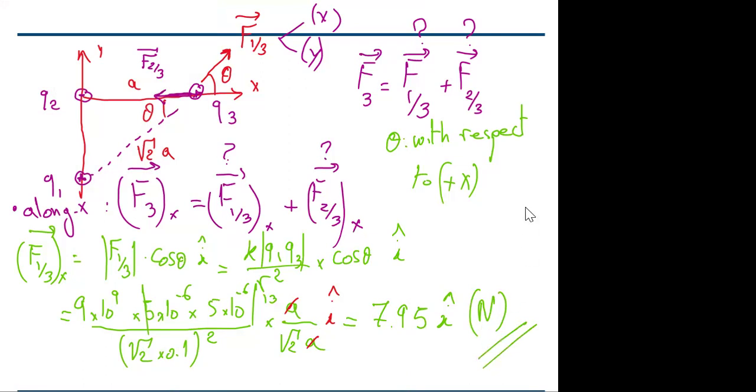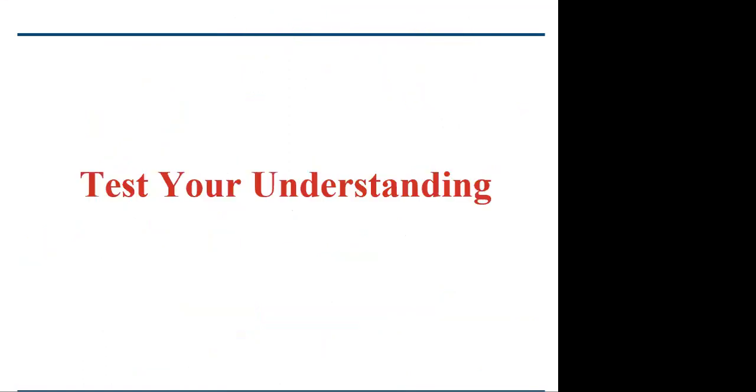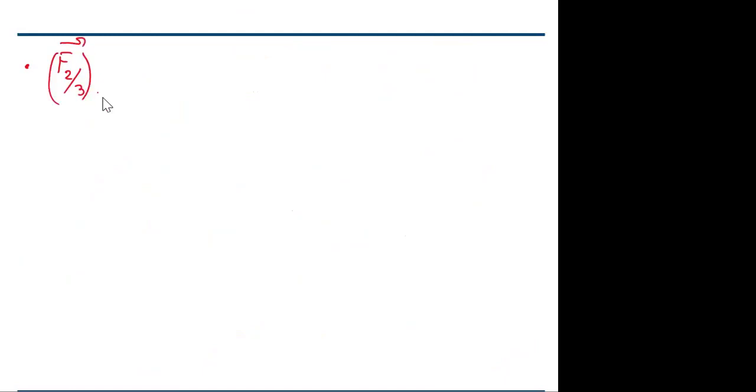Now let's talk about the x component of the second vector. F2 on 3 along x is equal to the magnitude of the vector F2 on 3, which we got from Coulomb's law, multiplied by cosine theta, multiplied by the vector i.